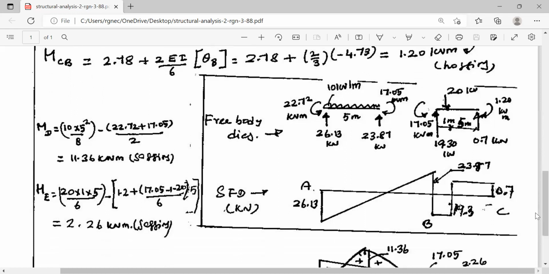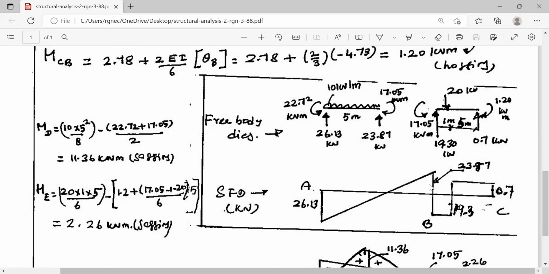Now the final shear force diagram. This reaction you can draw. This is left upward negative and this is right upward positive at C. Right upward: you take a section here, it is on the right hand side, it is acting upward, so put it positive. You take a section adjacent to A, it is upward, but on the left hand side, so it is negative. And from this, it is varying to 23.87.